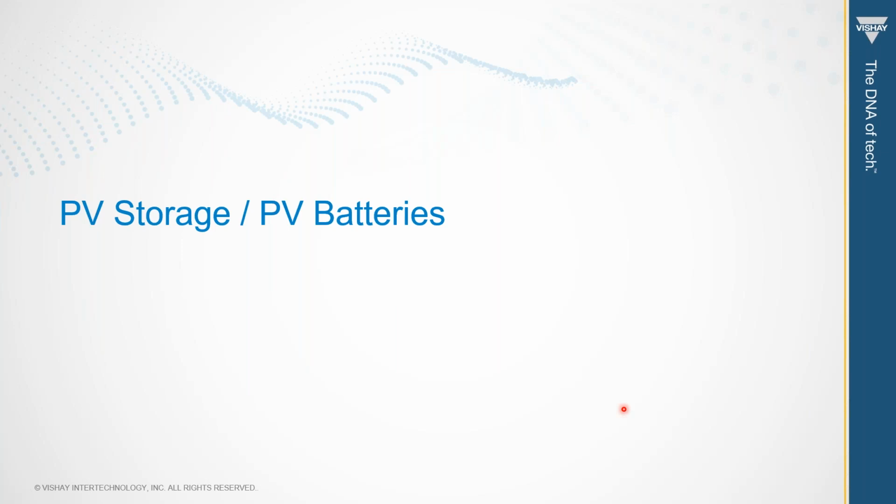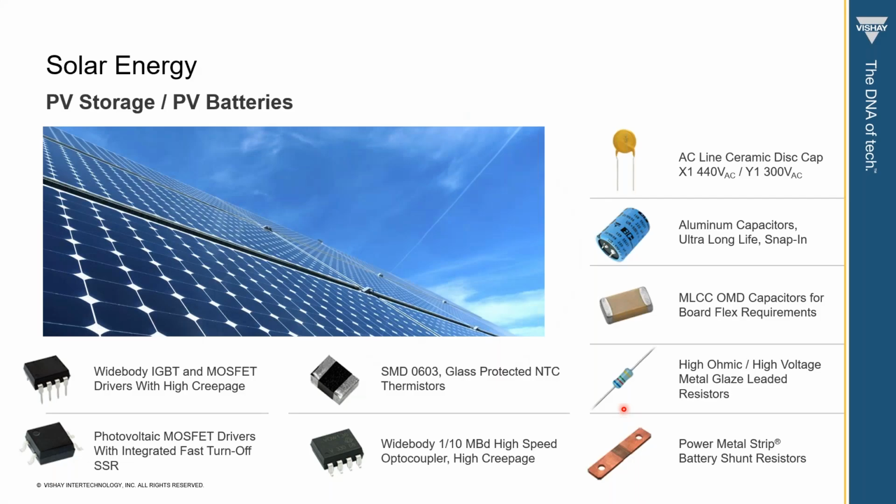Okay, I have covered all the products for the solar inverter system. Next, I will move into the PV storage or the PV battery portion. For the PV storage, we have the wide body IGBT or MOSFET driver, which we introduced previously.